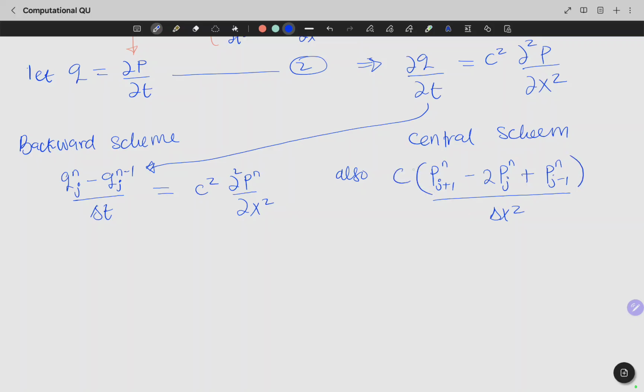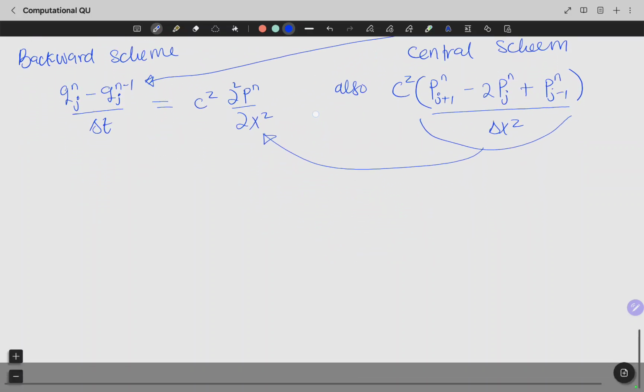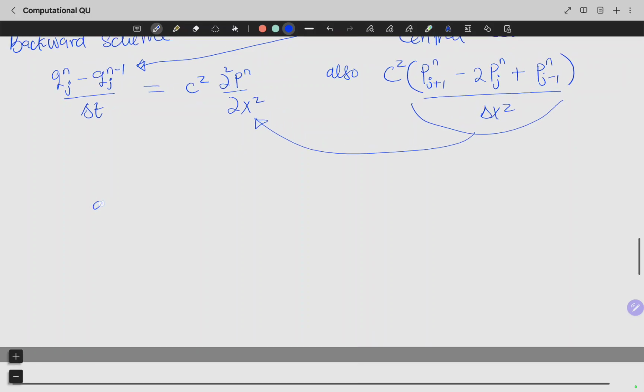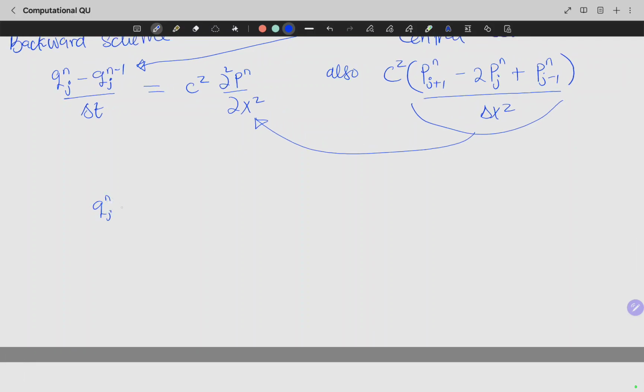Already multiplying c squared. So we're going to put all of this in here, and what we have is q j of n minus q j of n minus 1 over dt equals c squared into p of j plus 1 n minus 2 p of j n plus p of j minus 1 n.